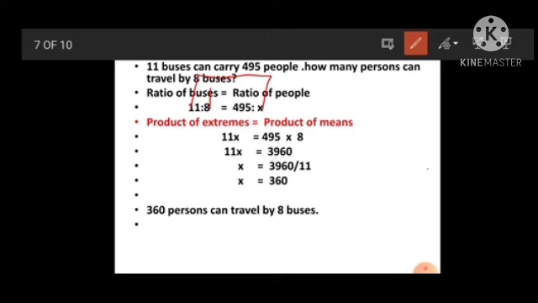So x is equal to 3960 divided by 11. 11 ones are 11, 11 threes are 33, 6 is remaining, 11 6s are 66, 0. So 360 persons can travel by 8 buses.